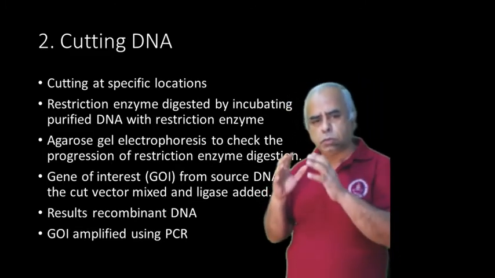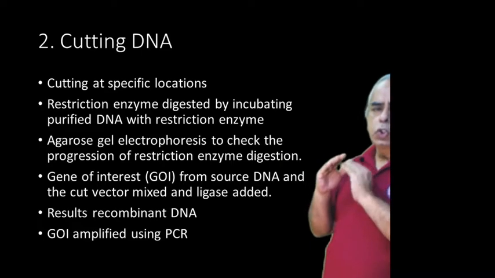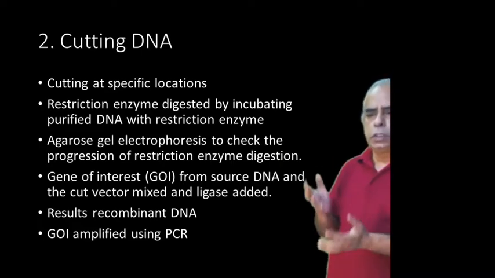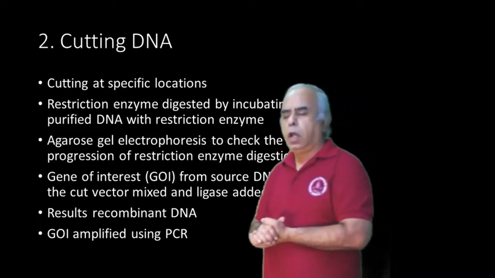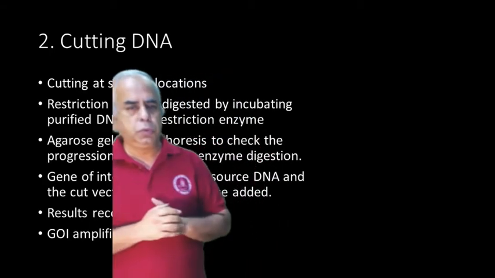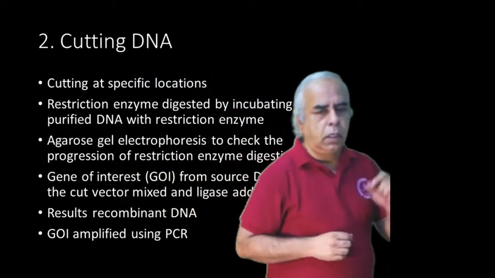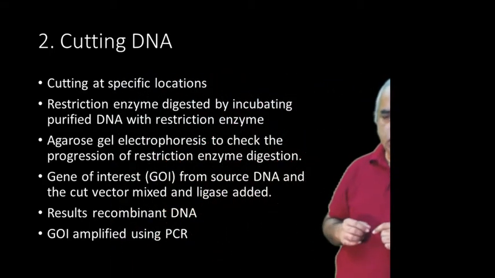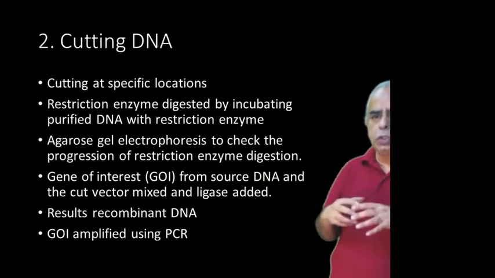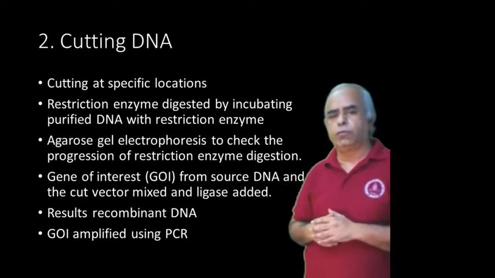So we need to further stop the progression of this enzyme digestion, and we need to take care of the gene of interest to us. So that is called GOI, that is gene of interest.